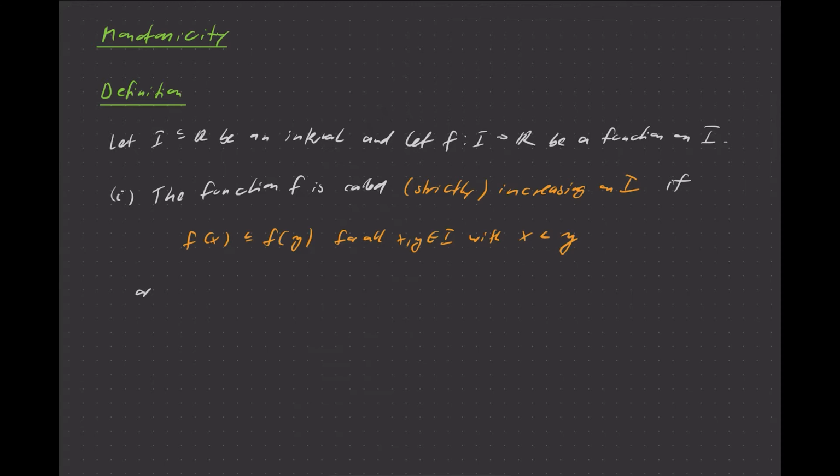And of course, strictly increasing, the difference is simply that we require f of x to be strictly less than f of y. And again, we want that for all x, y in I with x strictly less than y. So this is the strict version.